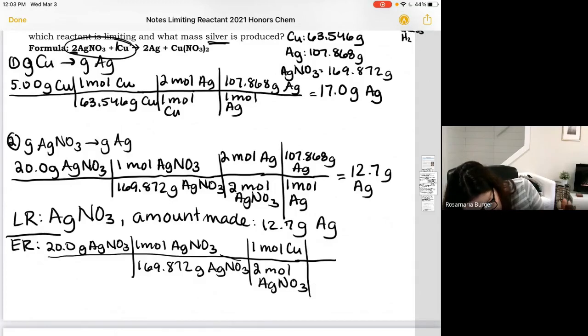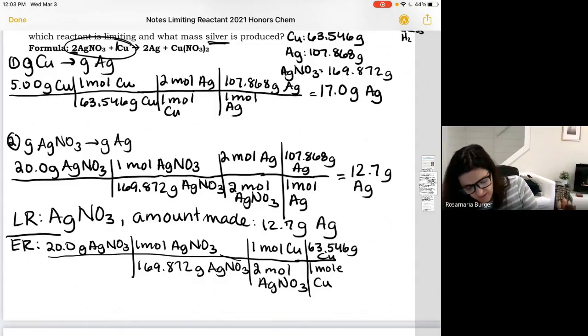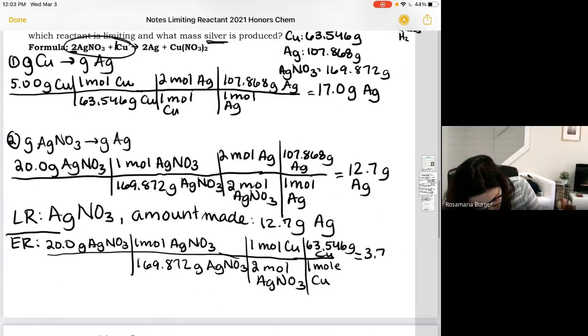And for every 1 mole of copper, it was 63.546 grams of copper. 20 divided by 169.872 divided by 2 times 63.546. I get 3 sig figs here. I get 3.74 moles. I'm sorry, not moles, grams of copper used.